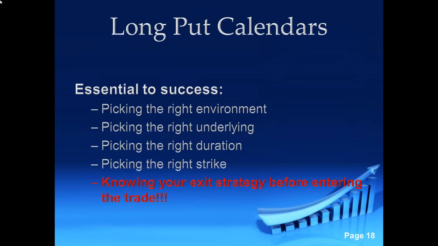I have spiral notebooks stacked up right here next to me from all of the trades that I do, because I write them down and I put why I put them on, what the environment was, why I thought that was the right environment for this, the duration I picked, and my exit strategy, most importantly. I write all those things in and around that so that I have data to go back and look at. Is this what has been working? Has anything changed? Why didn't this work out from my original thesis?